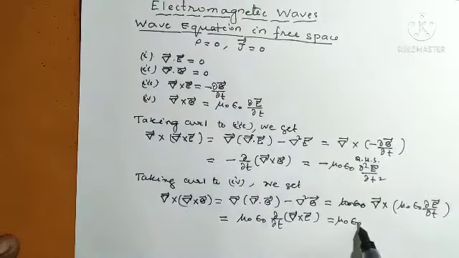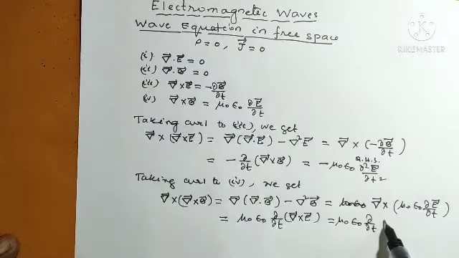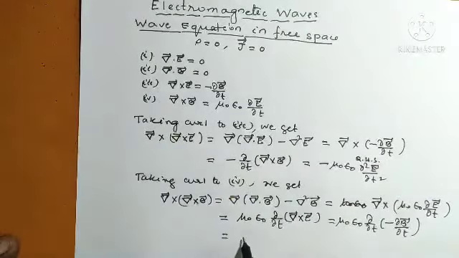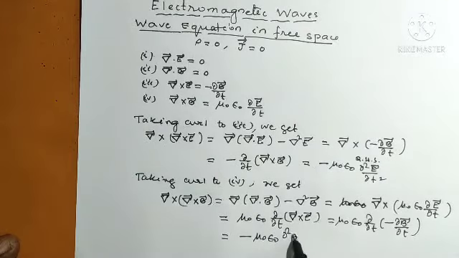So mu 0 epsilon 0 del by del t of minus del B by del t. We use third. This is equal to minus mu 0 epsilon 0 del square B by del t square.